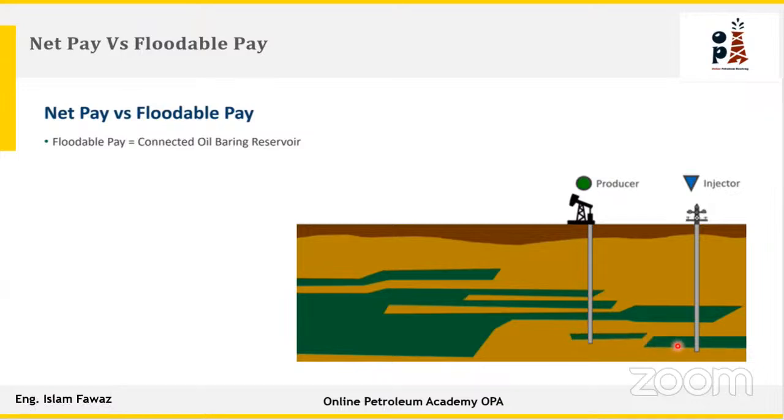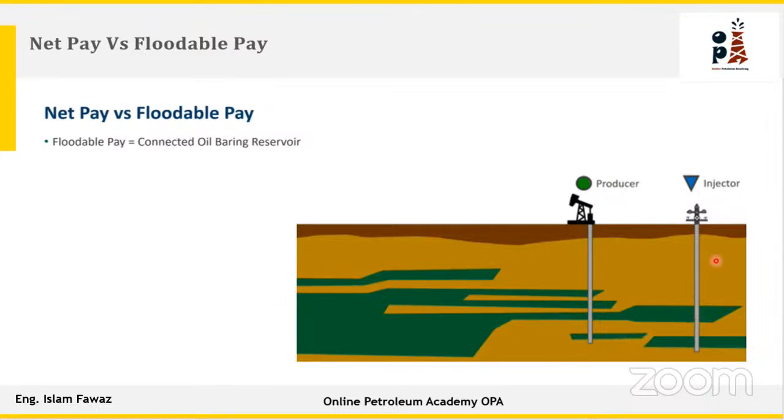This is net pay, but it is not floodable pay. This interval sometimes could be communicated or not. This interval is not communicated. This is not floodable pay. So you have to answer this question. For the OOIP, once you say this is the OOIP, you have to consider for water flooding the floodable pay, not the net pay thickness. So you have to define whether this interval is floodable or not.